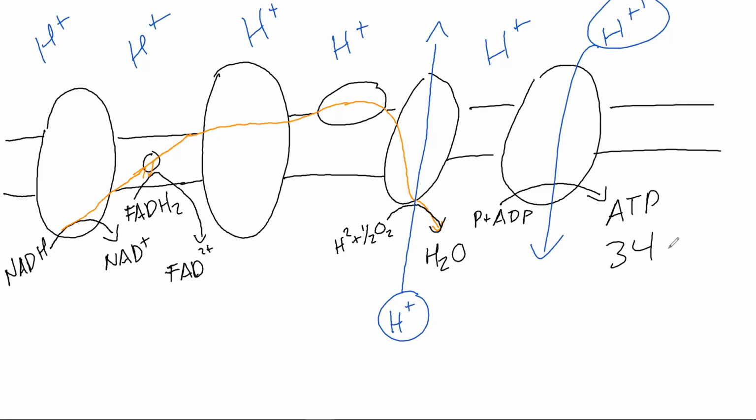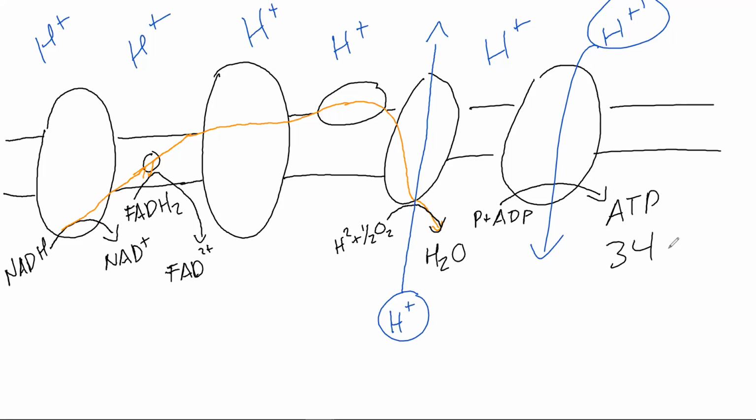The generally accepted number is 36, but none of the numbers for the electron transport chain are concrete, so it can range pretty far. But just know it's around 36 to 38. If they ask you on a test, just put 36. So in total, 36 is made. And I will summarize all that up at the end.